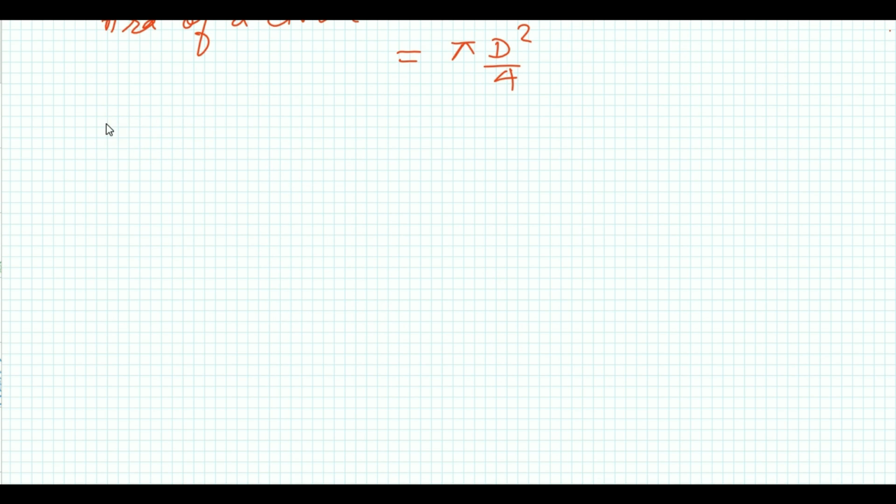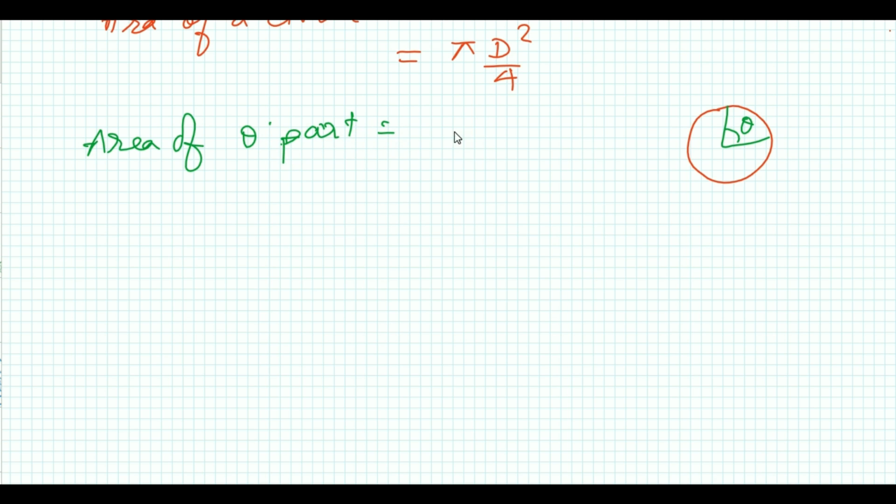Next comes area of theta degree of a circle. What I am telling here is, suppose this is a circle and I want to know the area of this angle theta. So the area of the theta degree portion, a part, equals theta by 360 degree into pi r square.